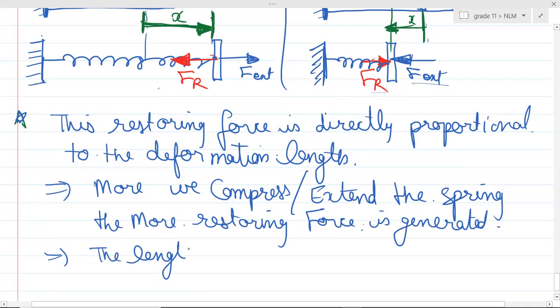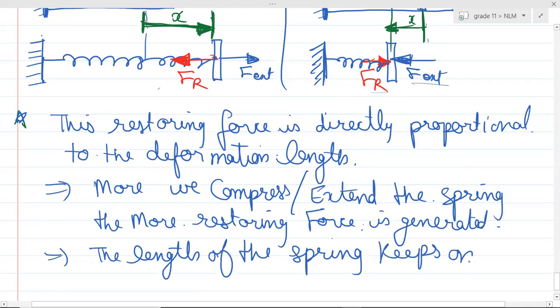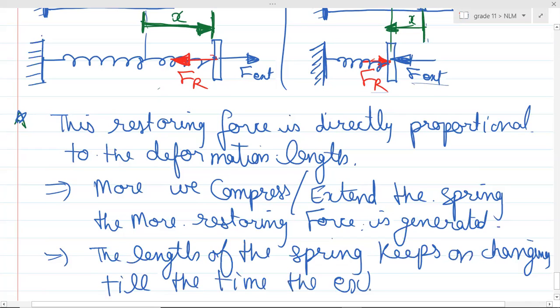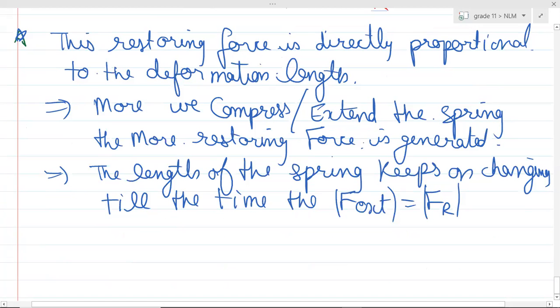The length of the spring keeps on changing till the time the magnitude of external force is equal to the magnitude of the restoring force. Can I write this point, guys? Any doubt?